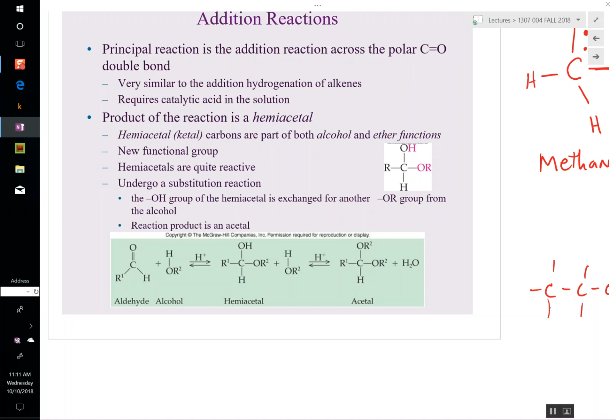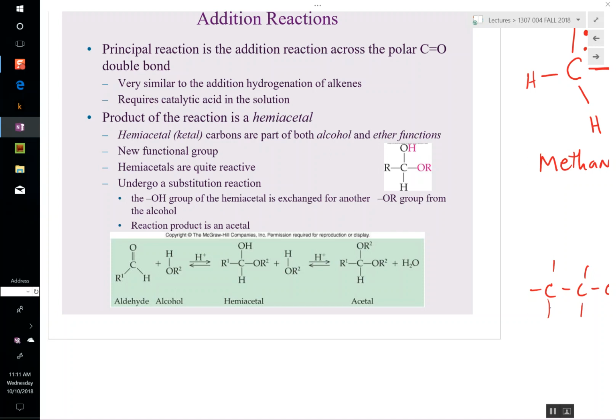Okay, now the thing to keep in mind here, when you talk about hemiacetal, it's reacting with an aldehyde. So when you see acetal, it came about from the reaction of an alcohol with an aldehyde.